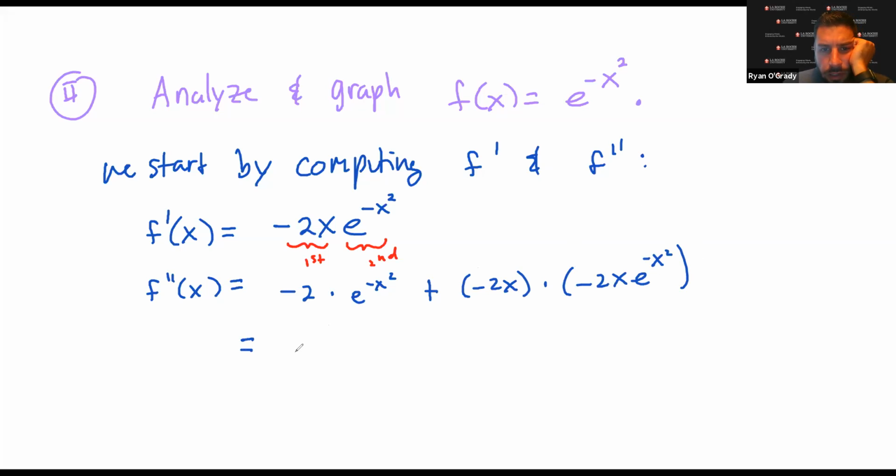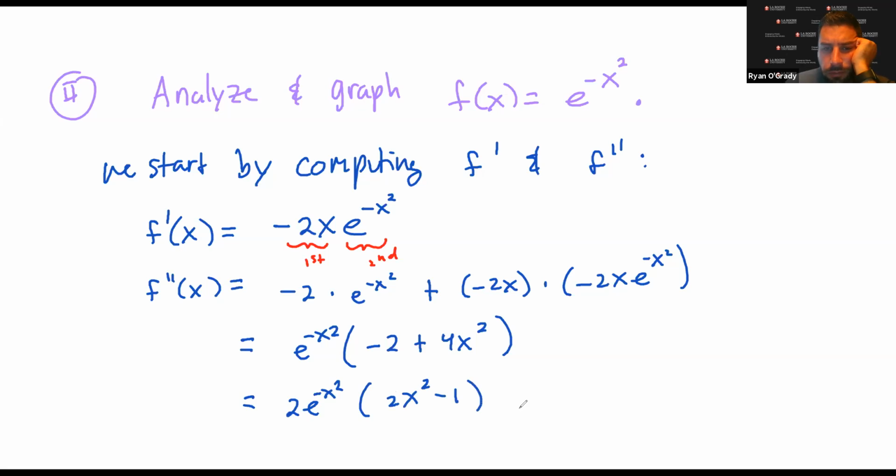I can pull e to the negative x squared out of all the pieces, and I'm left with negative 2 plus 4x quantity squared. So I can clean this up. I can pull out a 2. I'm left with 2e to the negative x squared, and then this is 2x squared minus 1.